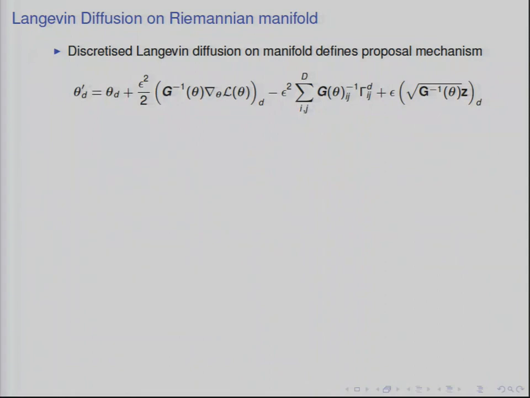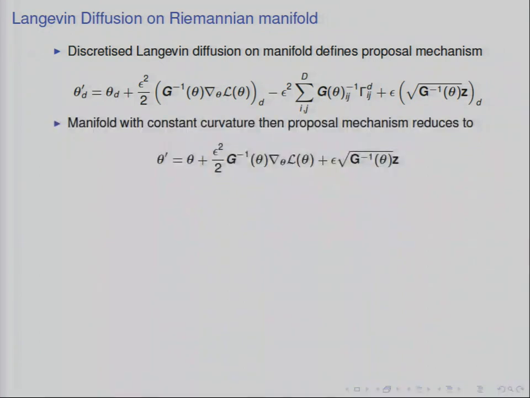Now, let's just assume that the manifold has zero curvature, or constant curvature, I should say. Then this term will disappear, and we're just left with something that looks pretty familiar.